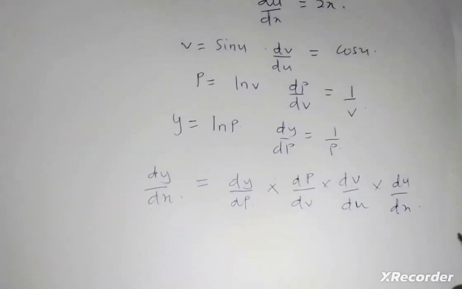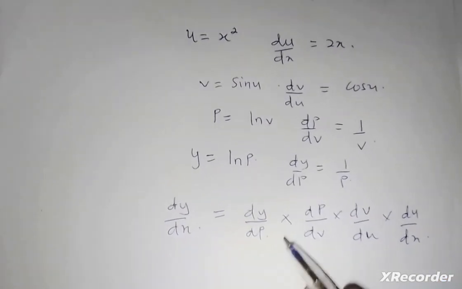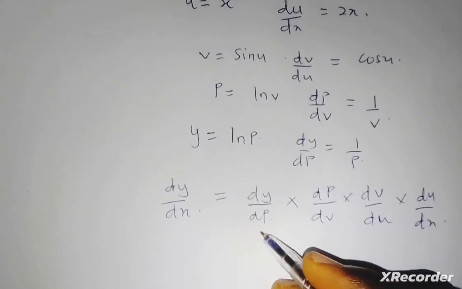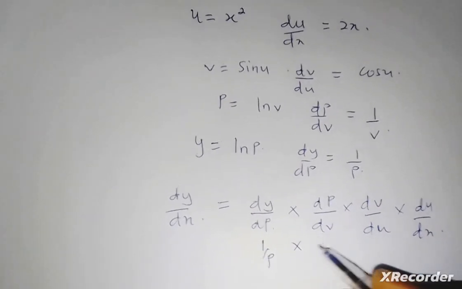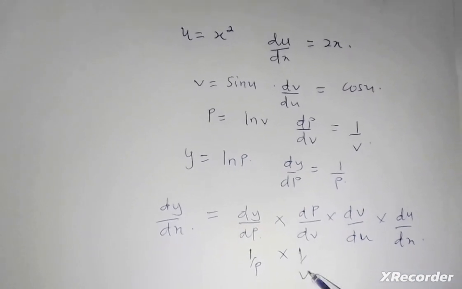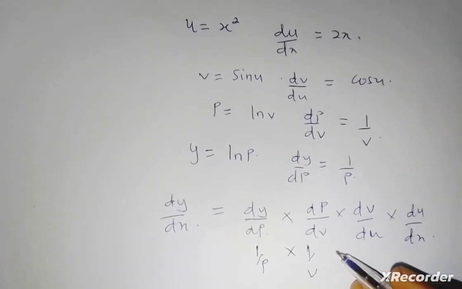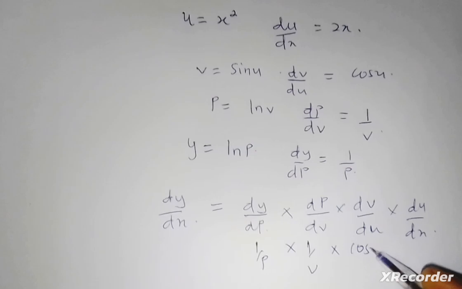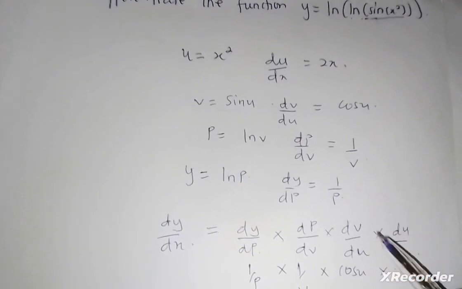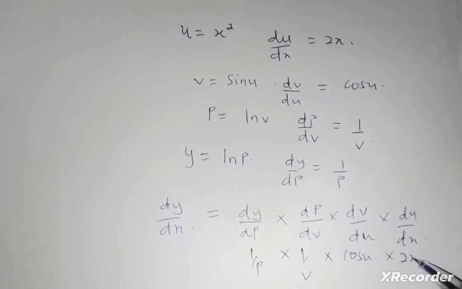We multiply all these functions together. So dy over dp is 1 over p, make our substitution, then dp over dv is 1 over v, then dv over du is cos u, then finally du over dx is 2x.